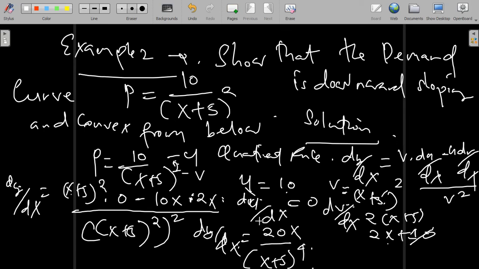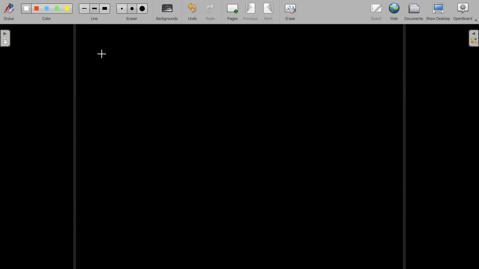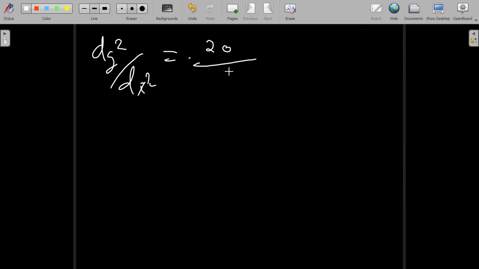So when you apply the second order derivative of this function, it will be d squared y over dx squared, which will be equal to 20 over x plus 5 raised to the power of 3.